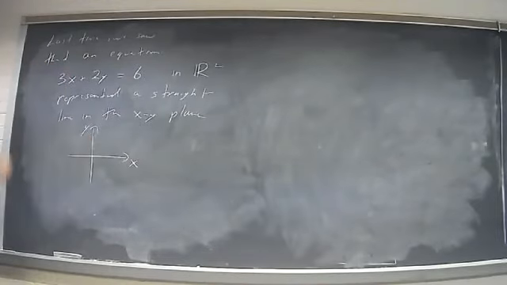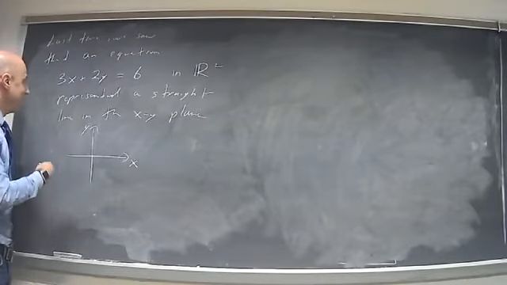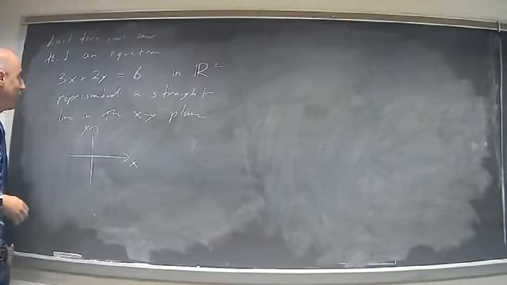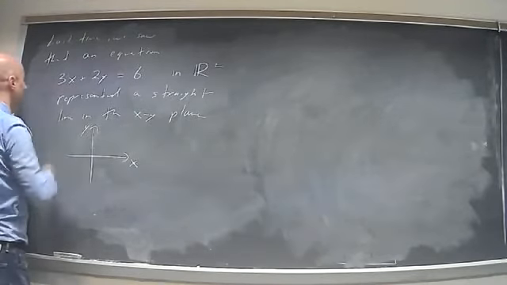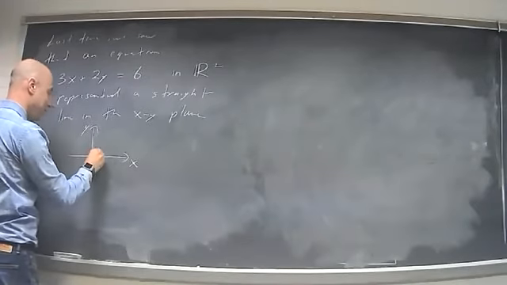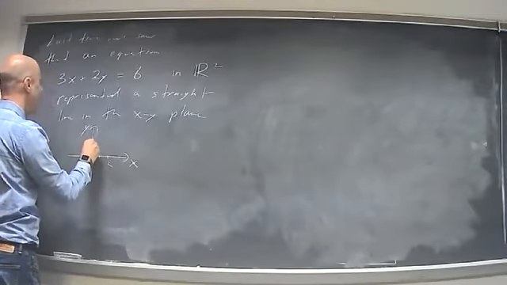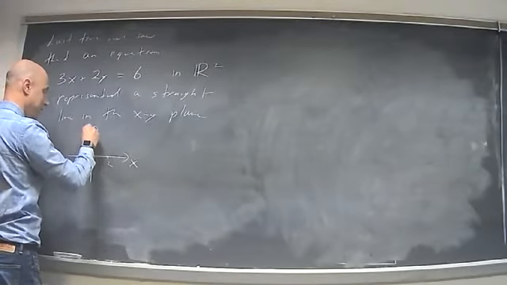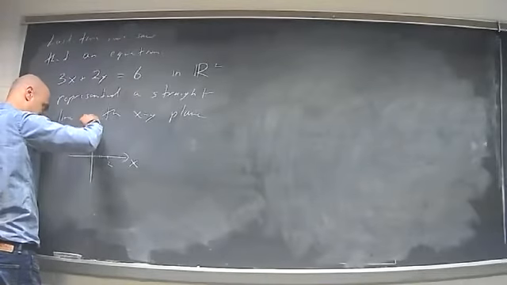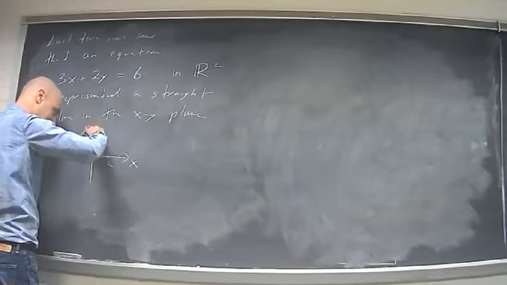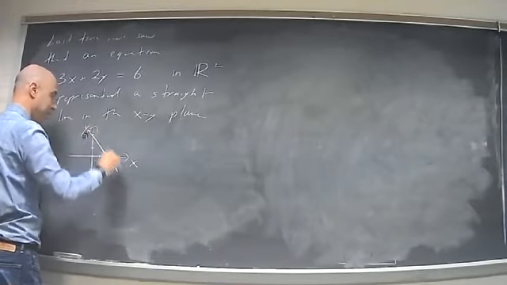And way back in your Algebra 1 class in high school, you probably put that into slope-intercept form and figured out where it crossed the y-axis and what the slope was, and sketched that thing. Right now, we can see it crosses the x-axis at 2, crosses the y-axis at 3, and so it's just a straight line going downhill to the right. But it's just a straight line.